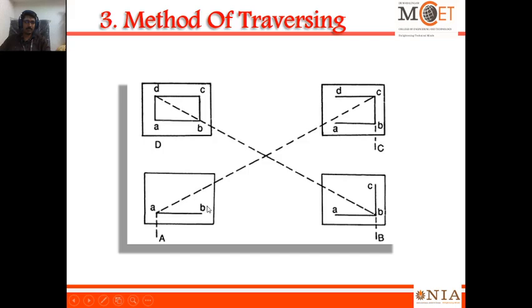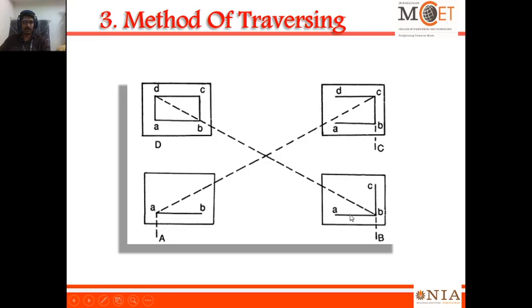Next, the instrument is shifted to station B. It has to be centered over B, leveled over B and clamped properly, and the orientation has to be done by back sighting towards station A, holding the alidade along the line BA, right.